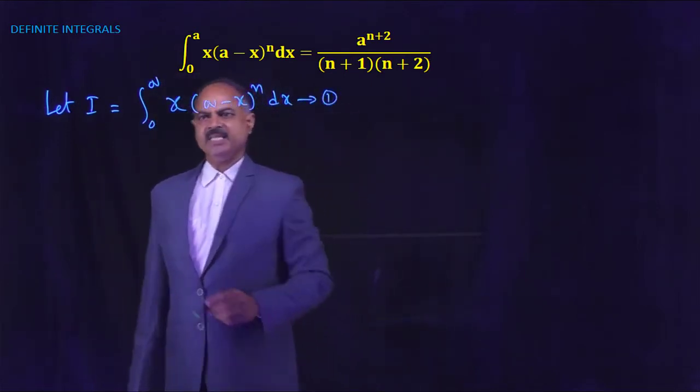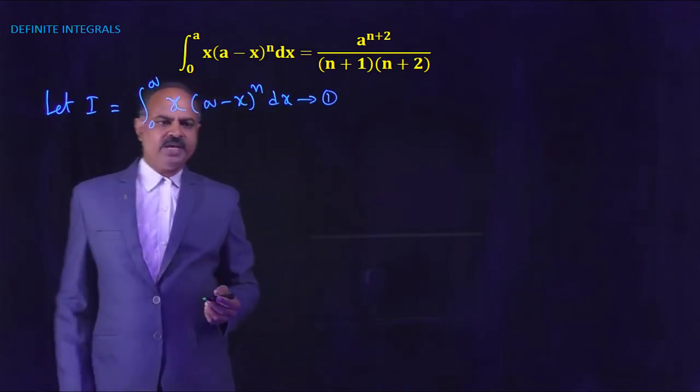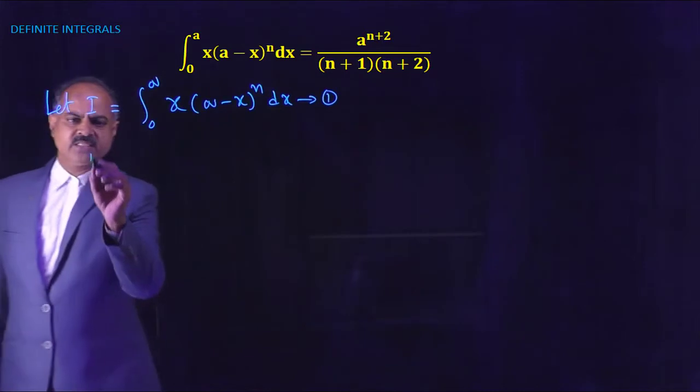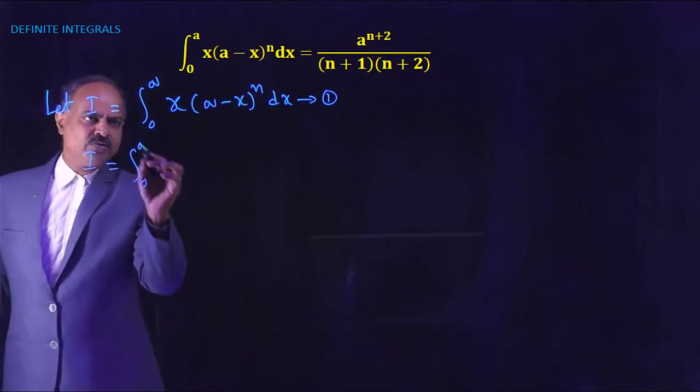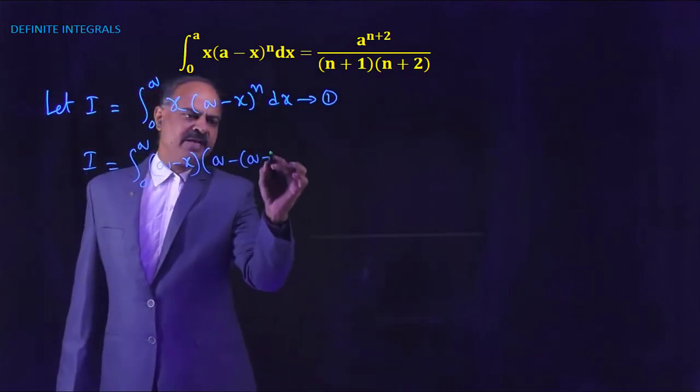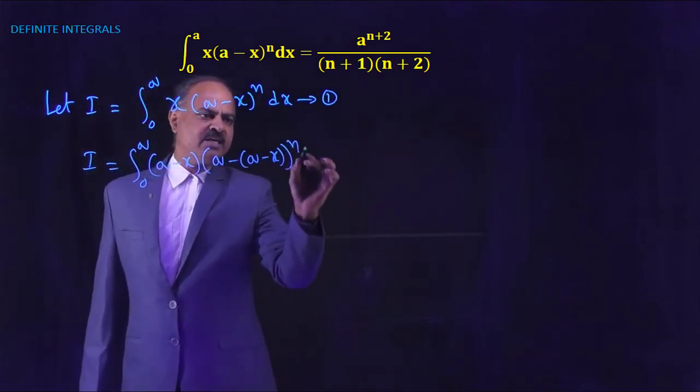By applying the property integral 0 to a f of x dx equal to integral 0 to a f of (a minus x) dx, I equal to integral 0 to a (a minus x) into (a minus (a minus x)) whole to the power n dx.